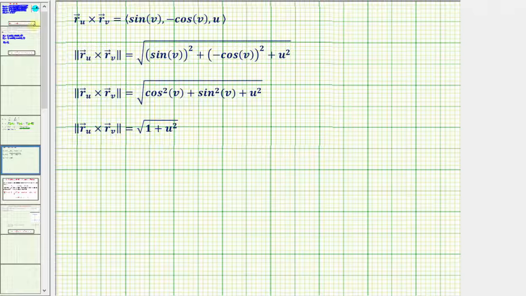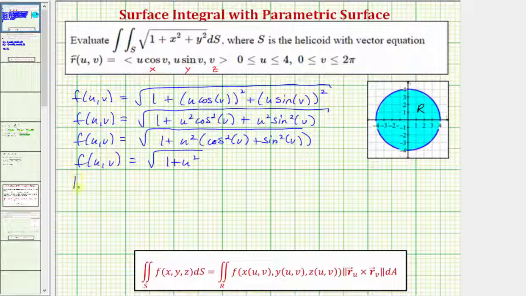So going back to our first slide again, the magnitude of the cross product of the partial derivatives equals the square root of the quantity 1 plus u squared.